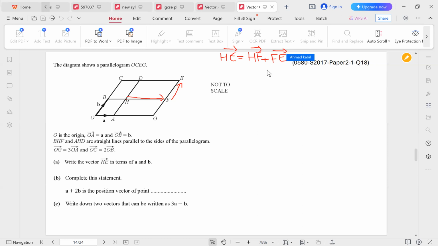Now, we need to figure out what these vectors are, and we can use the ratios to do that. So you should know that any parallel vectors of the same length are congruent to each other.